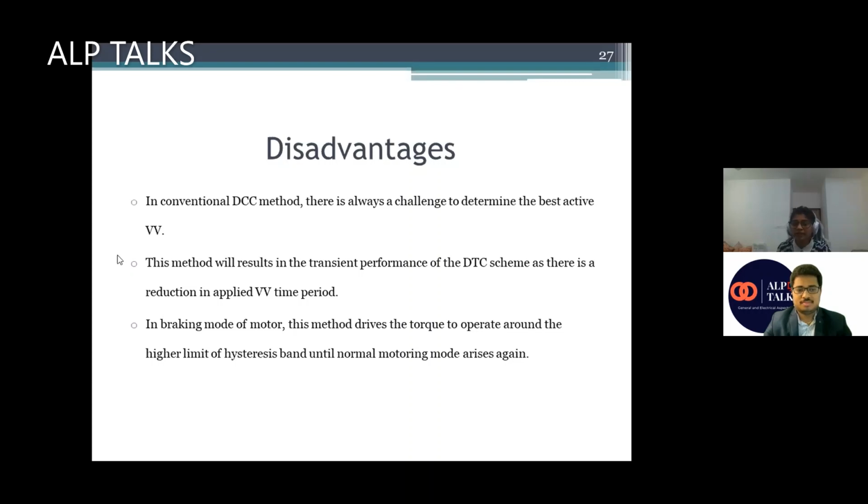And this method drives the torque to operate around the higher limit of the hysteresis band until the normal motoring mode arises again. That means the error will increase more if it operates around the higher limit of the hysteresis band.